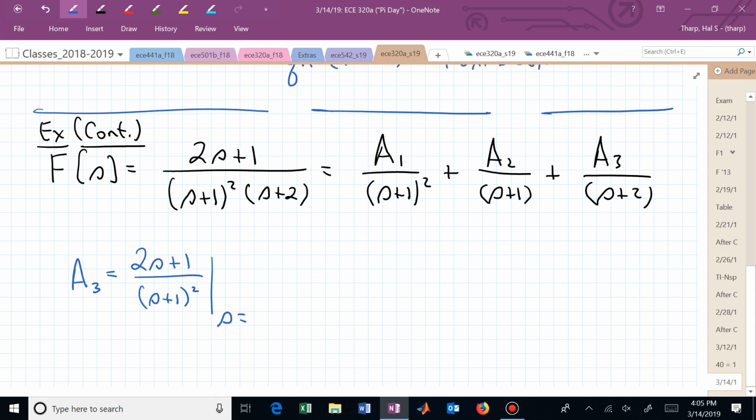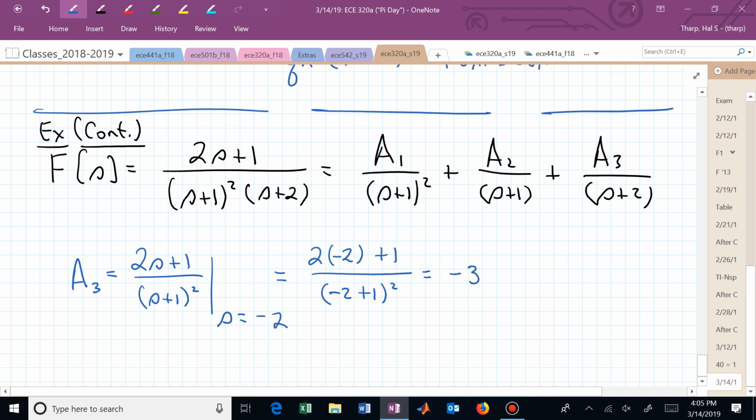So that's now at s equal to minus 2. I now have minus 4 plus 1, or minus 3, divided by minus 1 squared, or minus 3. I now have one of my coefficients.